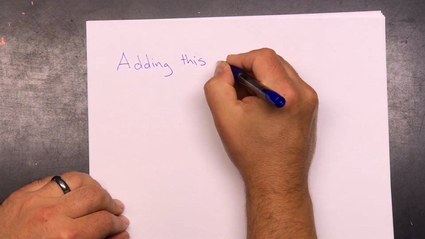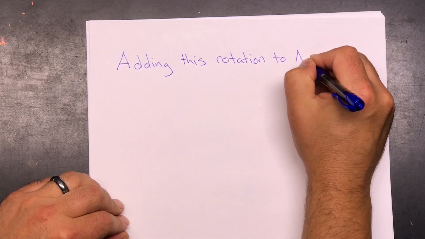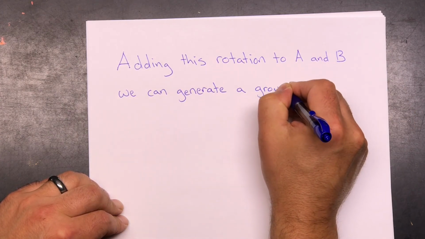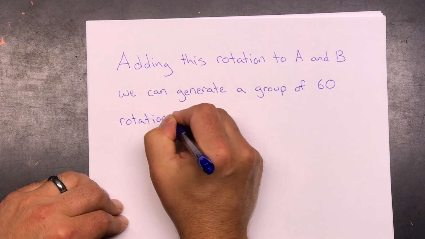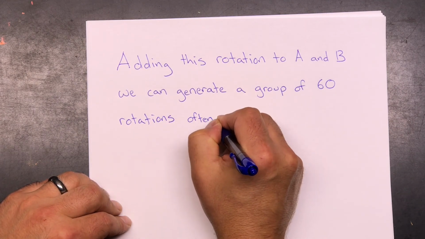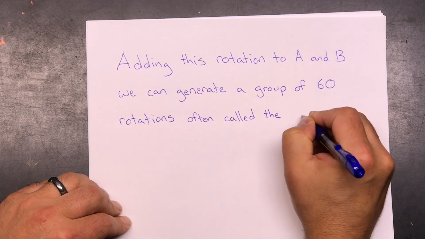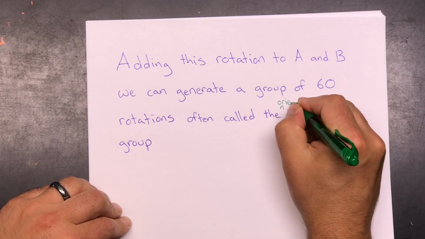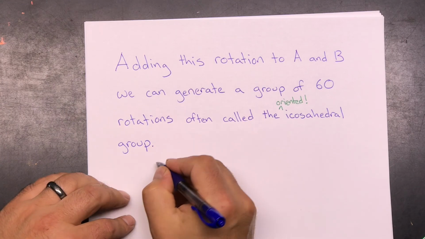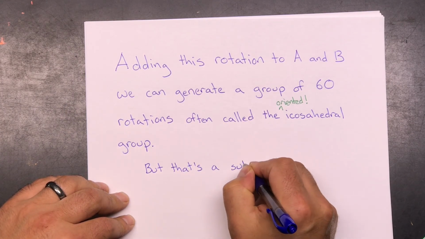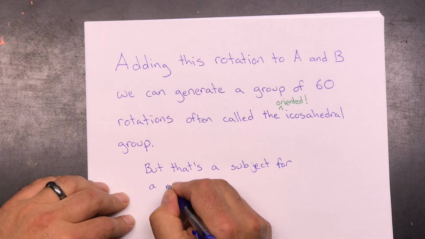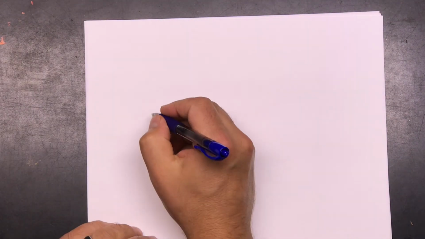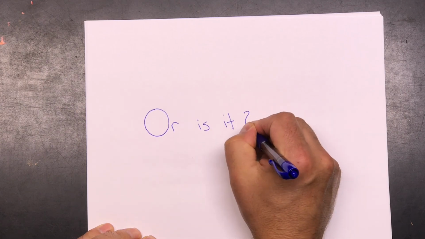Adding this rotation to A and B, we can generate a group of 60 rotations, often called the icosahedral group. Well, the oriented icosahedral group. But that's a subject for a more advanced class. Or is it?